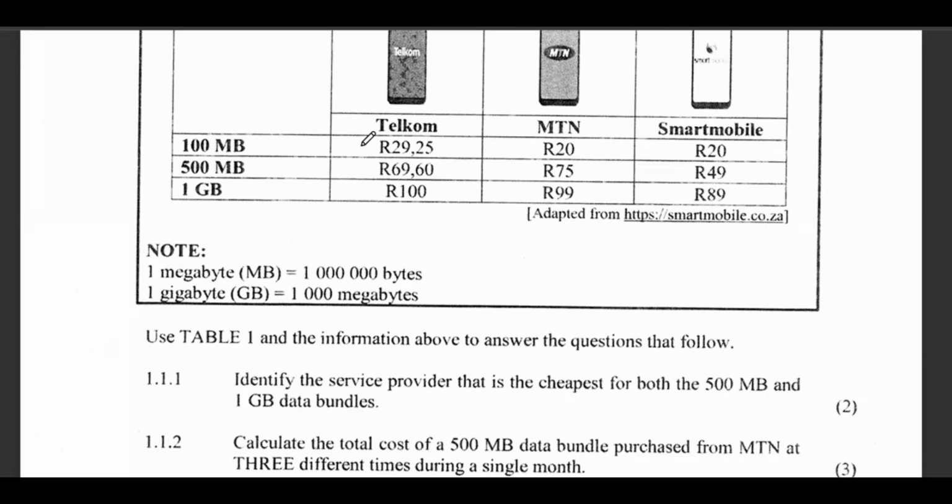The first one talks of 100 MBs, and this is how much you pay for Telecom, this is how much you pay for MTN, and this is how much you pay for Smart Mobile.